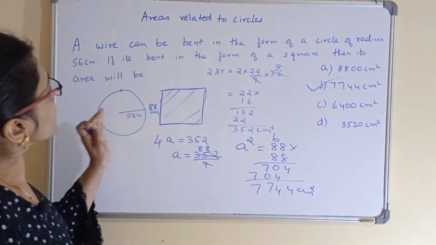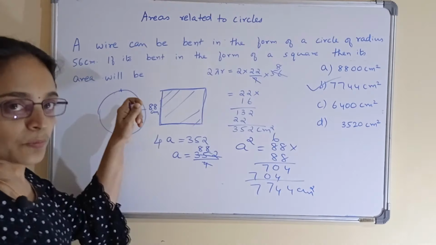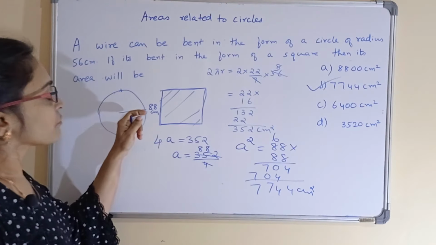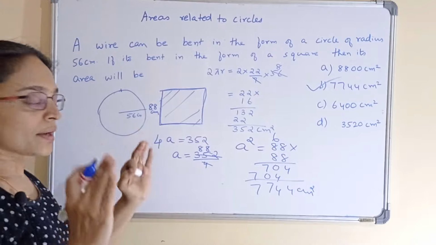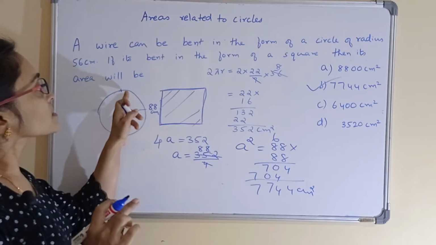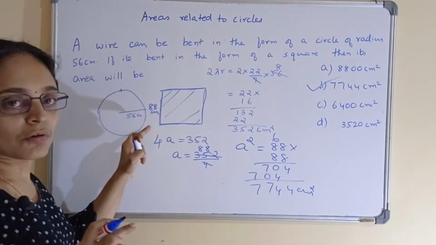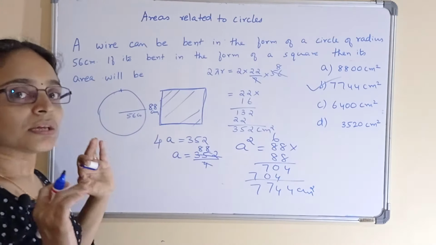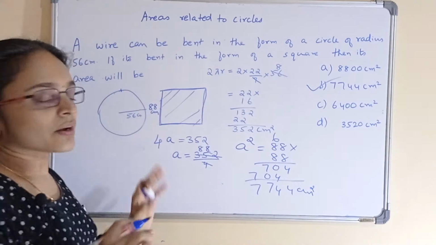Understood. So what we have done is, wire which was bent in the form of a circle of radius 56 centimeter is made into a square, and so the circumference of the circle and the perimeter of the square will be equal. So perimeter is equal to 4 into side, right?